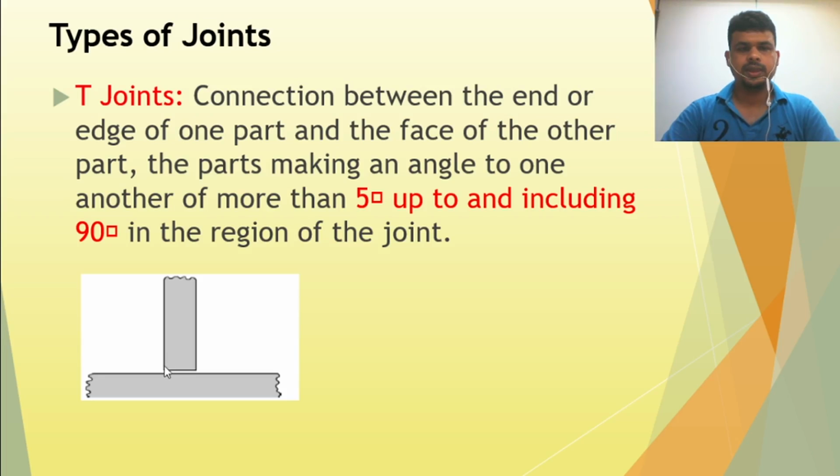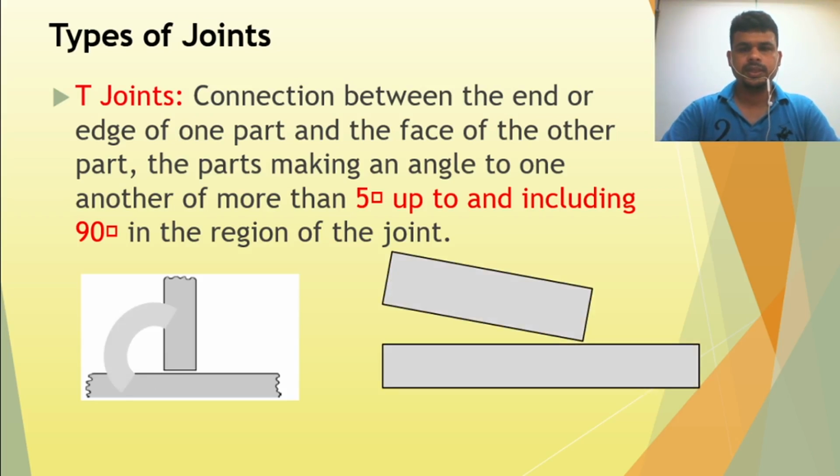So from 5 degrees up to 90 degrees, this is considered the T joint. You can see this is the 5 degree. So if this plate here to here is from 5 degrees until 90 degrees, we can consider this a T joint. I hope you understand this topic.